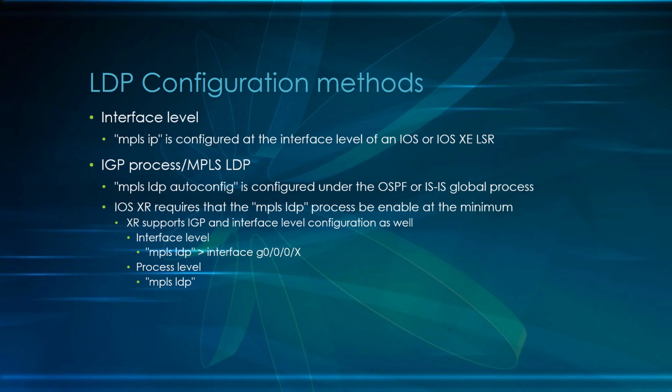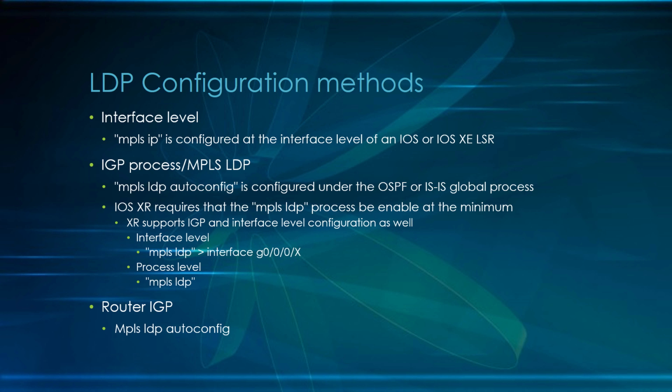So that's one thing to keep in mind as you're going through your implementation. At the router IGP level, you simply say MPLS LDP autoconfig, and then away you go. Depending on how you implement it, if you show MPLS LDP, that'll show you the method used to deploy it, whether it's interface level or network process, things like that.